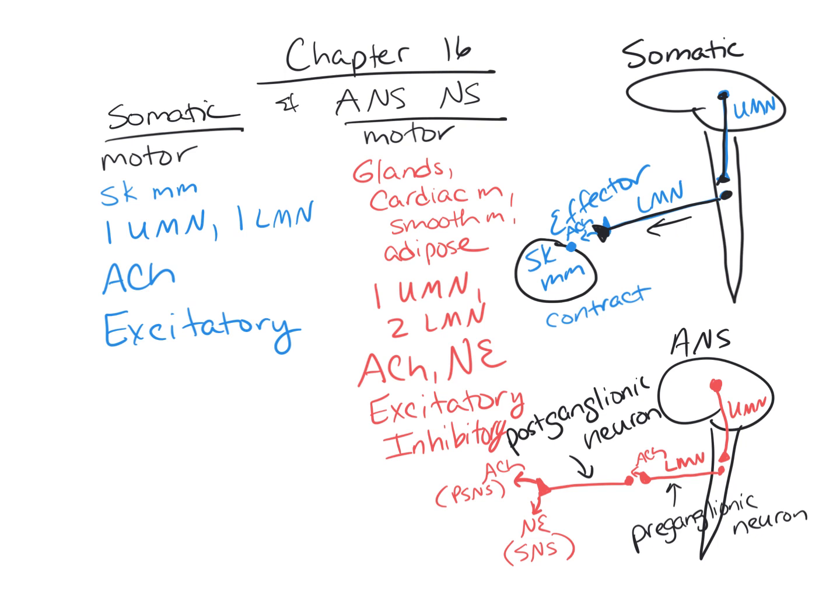Excitatory in the autonomic nervous system would mean that the smooth muscle would contract or the cardiac muscle would contract. That would be excitatory. Or it would mean that if it were inhibitory, then those muscles would relax, and that would be inhibitory.